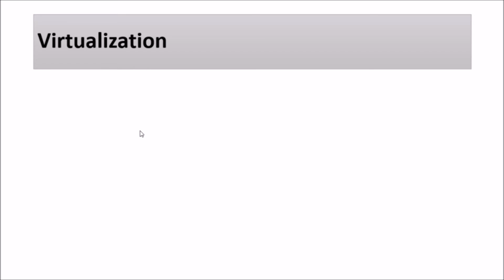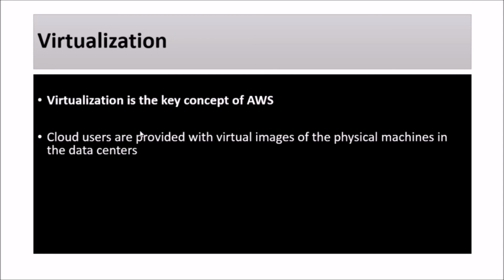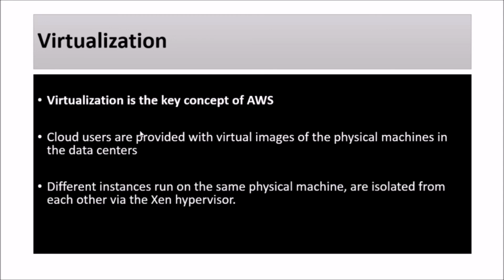So, virtualization. Before going deep inside AWS, it is essential to know the basic concept of virtualization. Virtualization is the key concept of AWS. Actually, virtualization is the key concept of cloud. Cloud users are provided with virtual images of physical machines in the data centers.